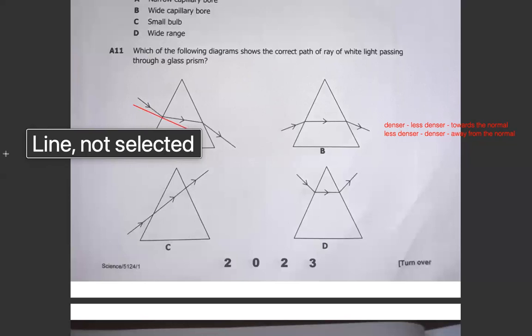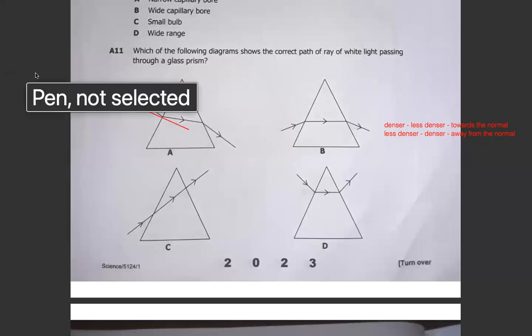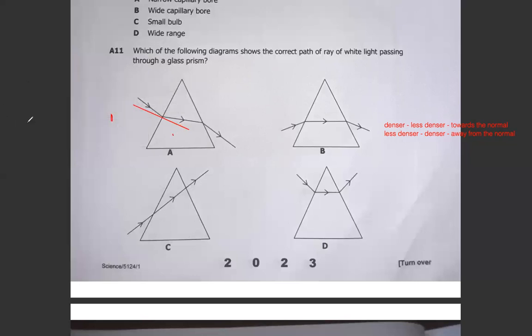And right from here, if this ray of light is moving from air into the glass block, for as long as it is moving from a less dense into a denser medium, we expect it to bend towards the normal, and it must be on the other side of the normal. But we can see that this bending was away from the normal, and not only that, this ray of light has to be on the other side, then here it bends towards the normal.